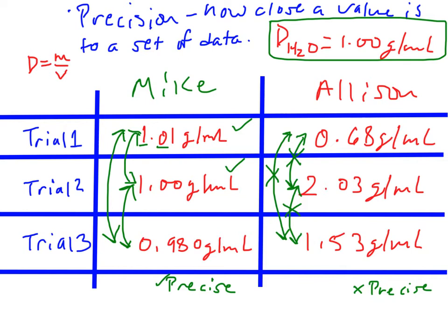And then 0.980 is extremely close to 1. So these results over here are accurate, or are very close to being accurate. Now if you look at Allison's results, none of her information is accurate because all of her values are extremely far away from 1 gram per milliliter.